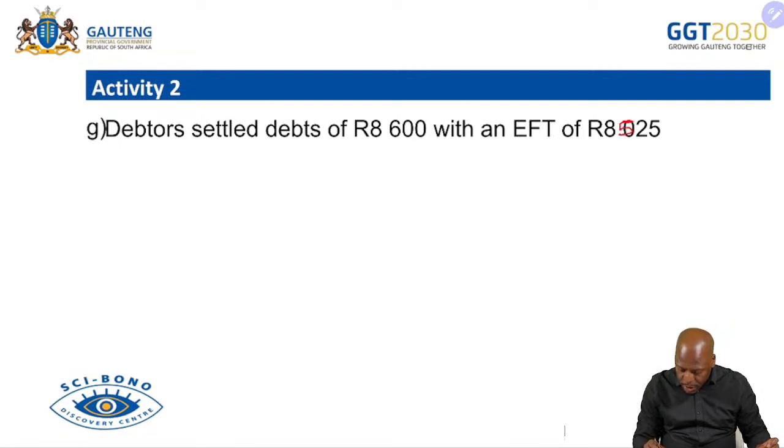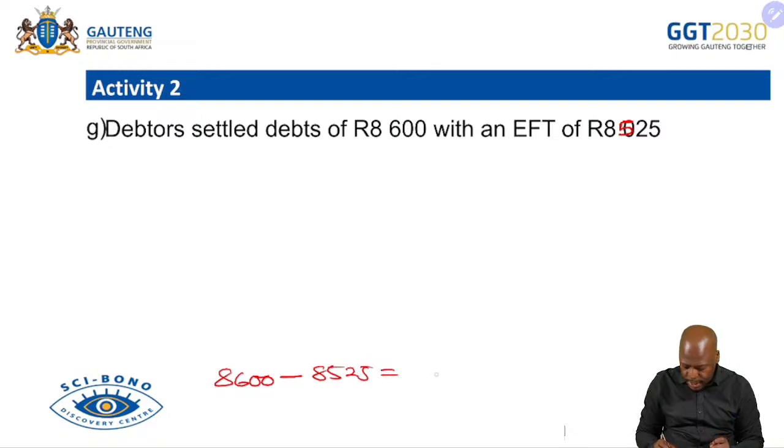Just quickly change that, 8,525. So the debtors have settled debts of 8.6 with an EFT of 8,525. That means if they were owing 8,600 and they've paid 8,525, that means we have given them discount, and the discount becomes 75 rands.